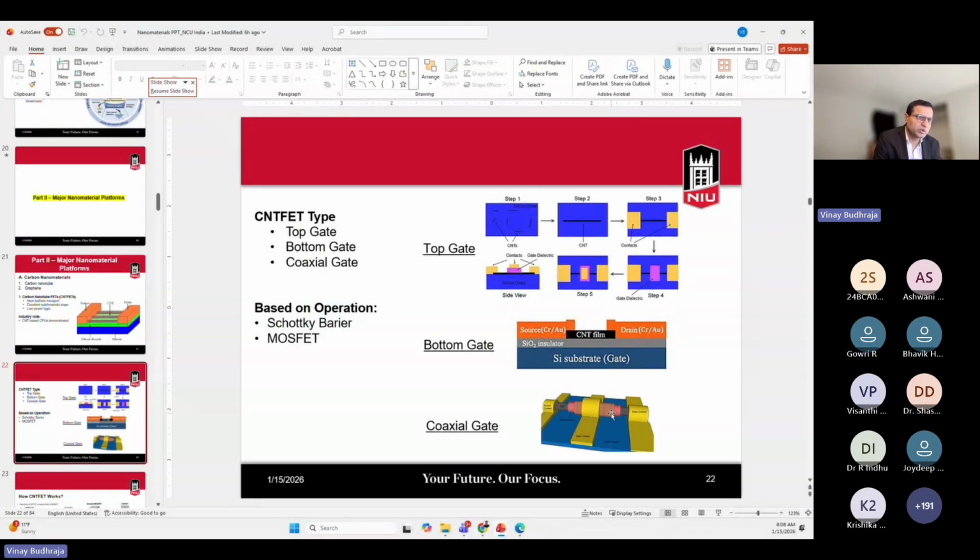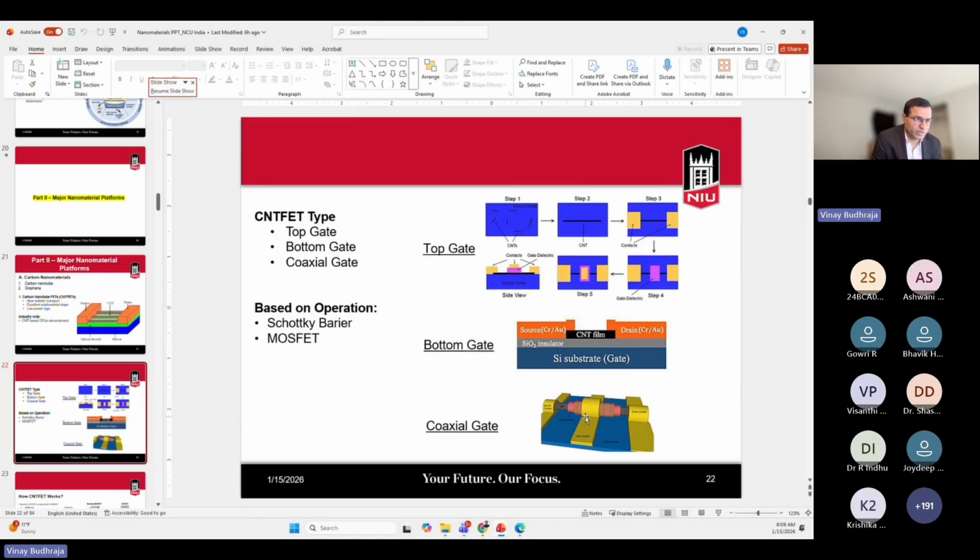Across those nanotubes, you can deposit the gate and the dielectric around it, and complete the carbon nanotube-based FET. So that is the coaxial gate.